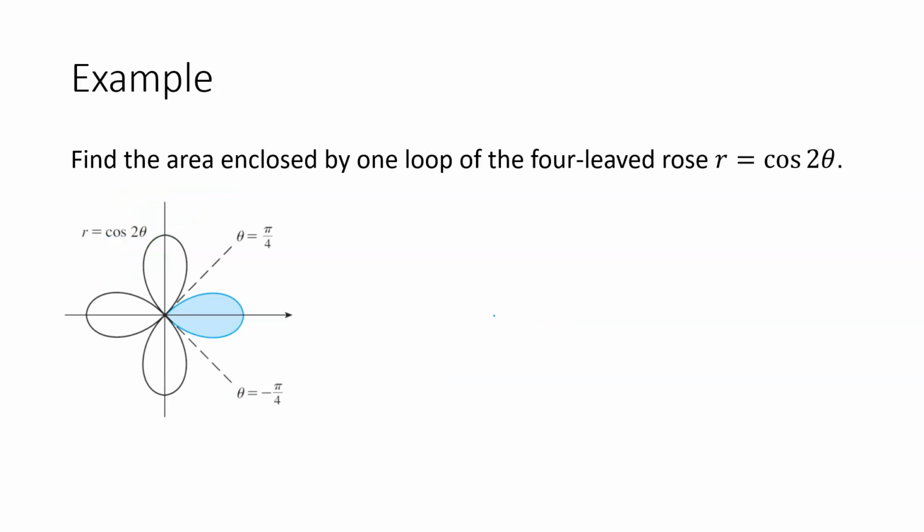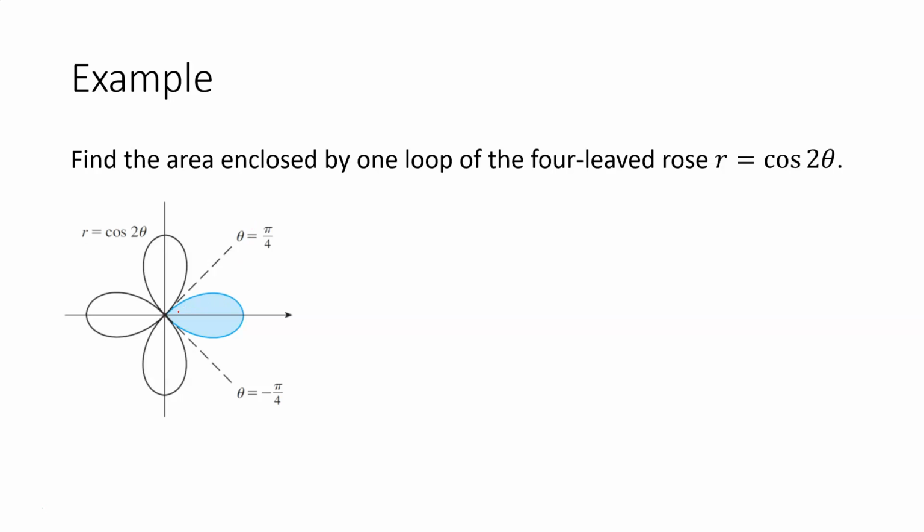So let's practice this with an example here. Find the area enclosed by one loop of the four-leaved rose r equals cosine of 2 theta. Okay, we graphed this in the previous section, but now we can see the region that we're looking for is bounded between these two angles here, negative pi over 4 to positive pi over 4.